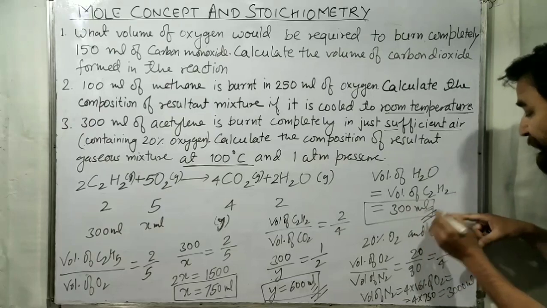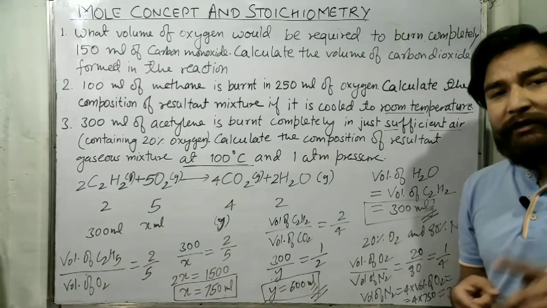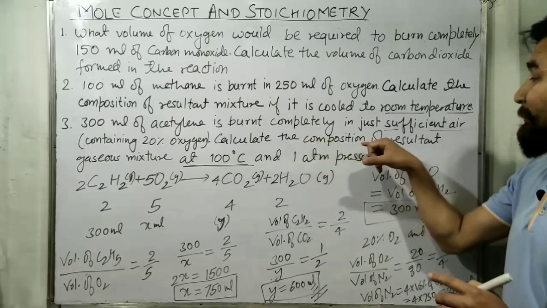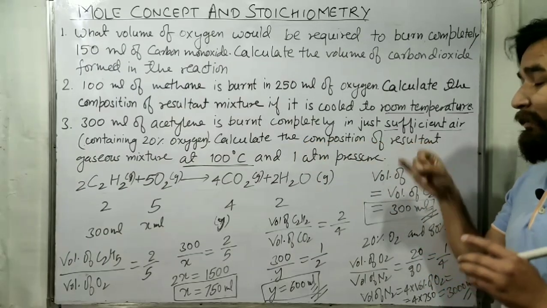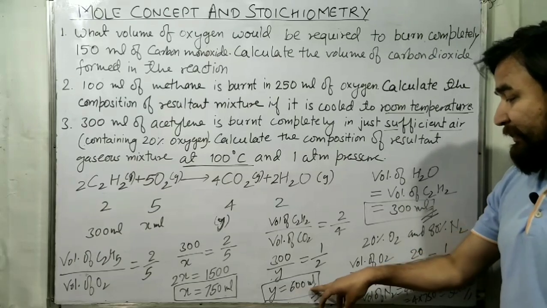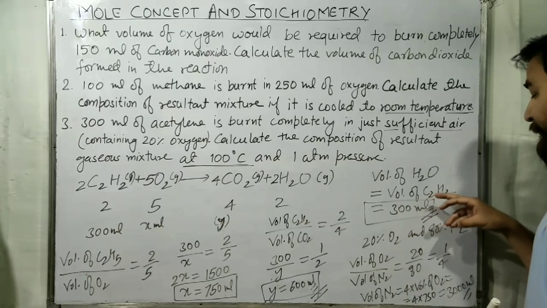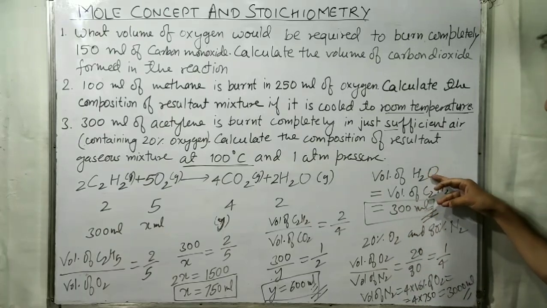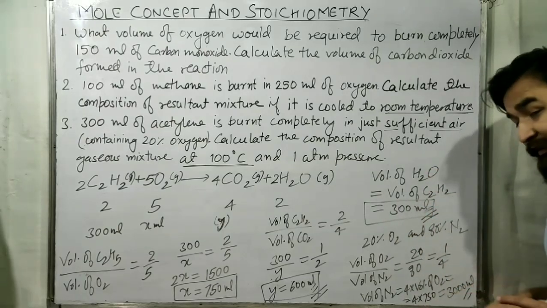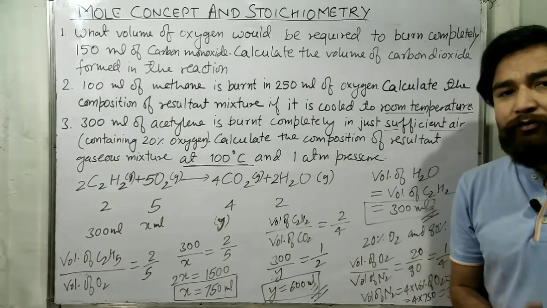Then 300 ml of water vapor and 3000 ml of nitrogen. So what will be the composition of the resultant mixture? The composition of the resultant gaseous mixture contains 600 ml of carbon dioxide, 300 ml of water vapor and 3000 ml of nitrogen. So hope you have understood this question.